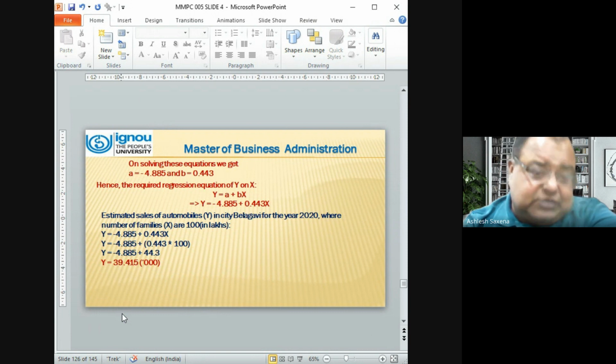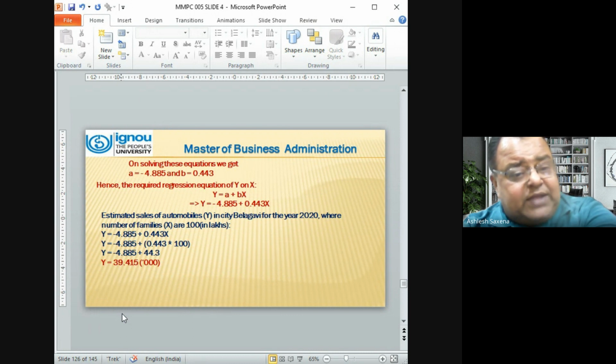Now, what was the problem given to us? We were asked to estimate the value for 2020 for the city of Belagavi, where we will have 100 lakh families. So you have to replace x by 100. After calculation, you get y is equal to minus 4.885 plus 44.3, which comes out to be y is equal to 39.415.